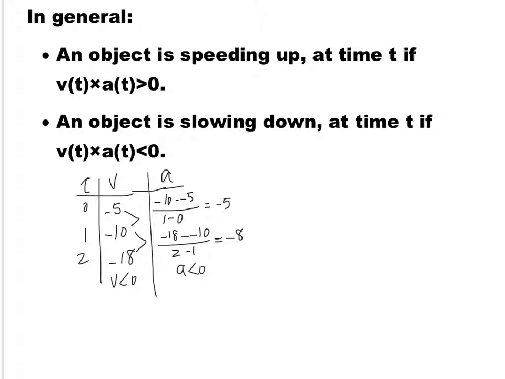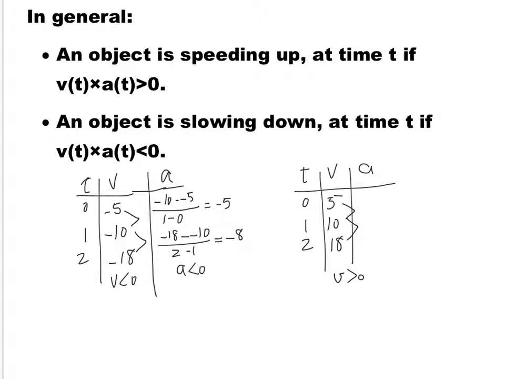That's the first scenario. The next scenario, let's look at this table of values. Let's say 0, 1, 2, and 5, 10, 18. Again, you can see that the object is speeding up because 5 to 10 and 10 to 18. So this is another case of speeding up, but this time the velocity is greater than 0. The same way, we find the acceleration.